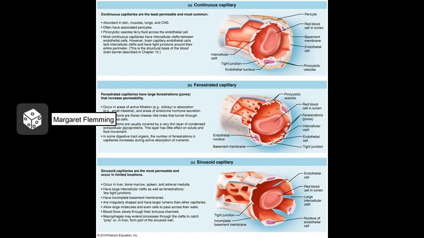The most abundant type of capillary is the continuous capillary. They do have these intercellular clefts. There is pinocytosis across the endothelial cells. The only exception here for the continuous capillary would be the blood-brain barrier.